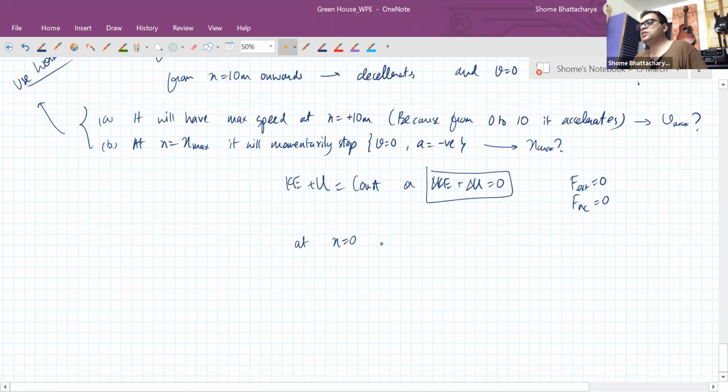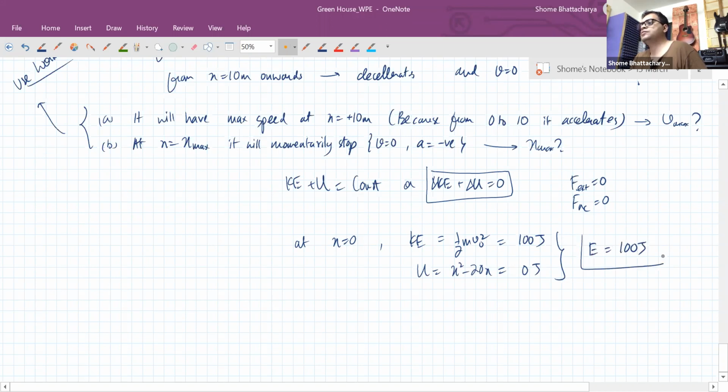So at x equal to 0, the kinetic energy is 100 joules, and the potential energy, check out the value, I think it is 0. So the total mechanical energy is 100 joules.